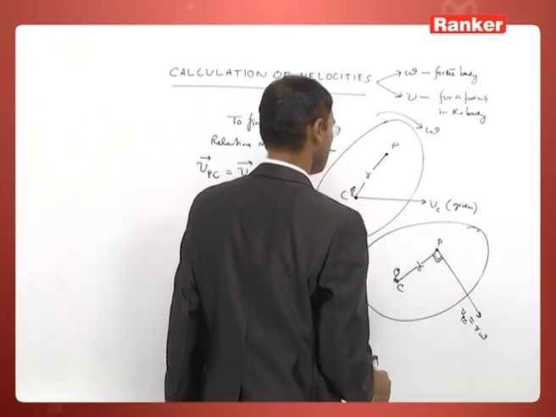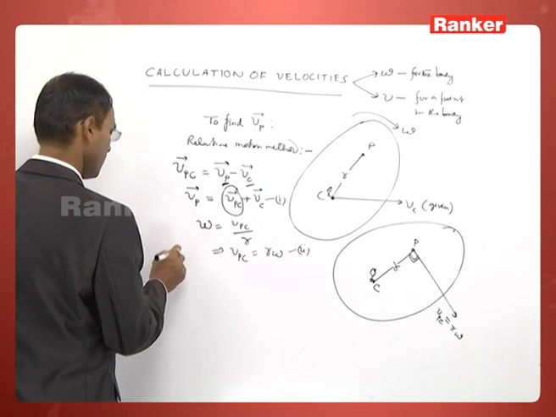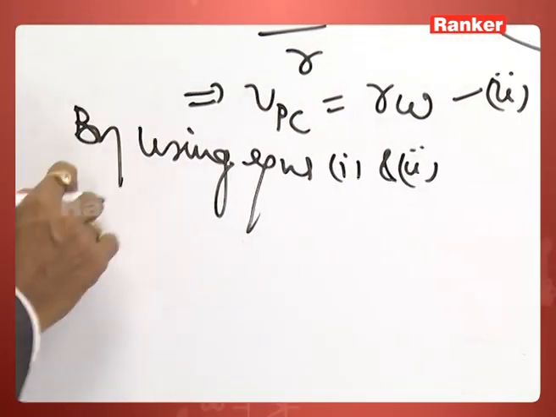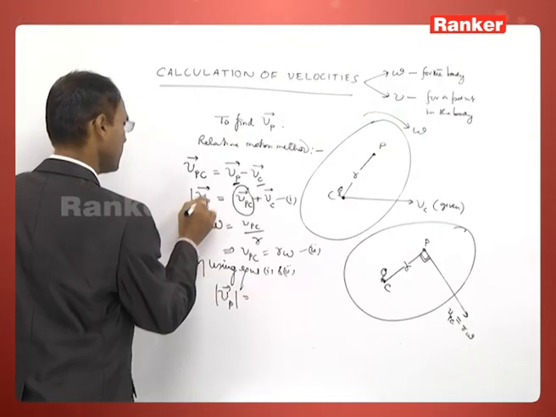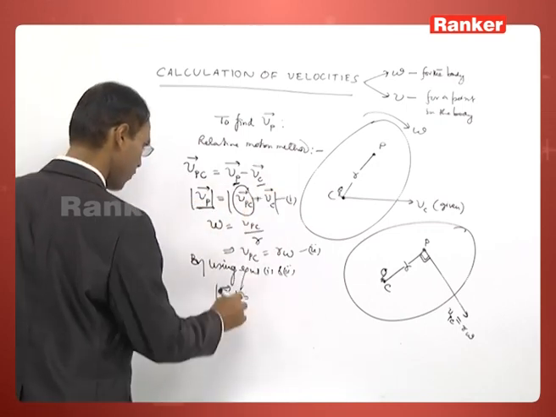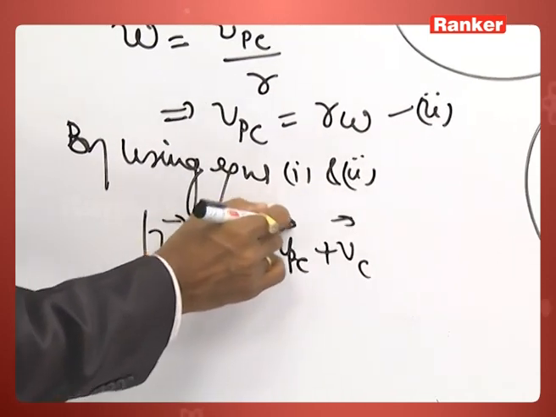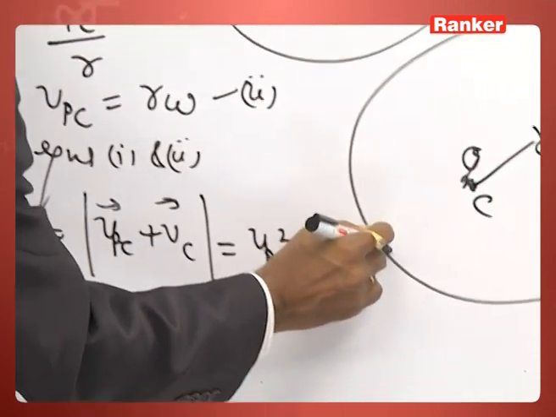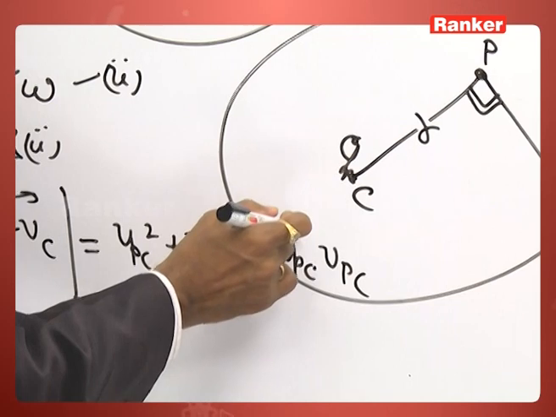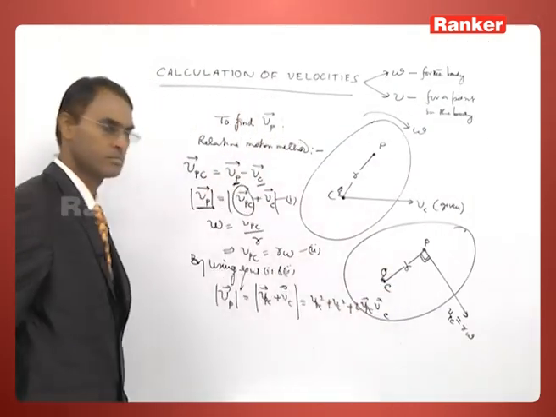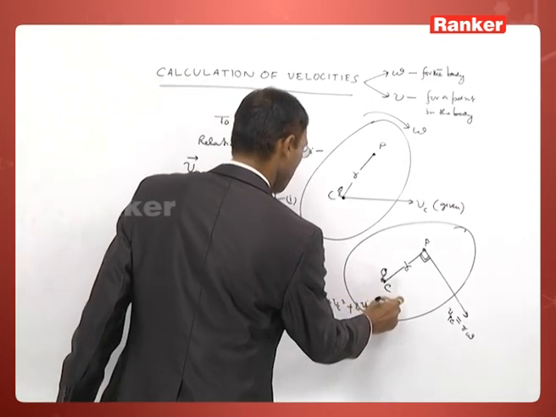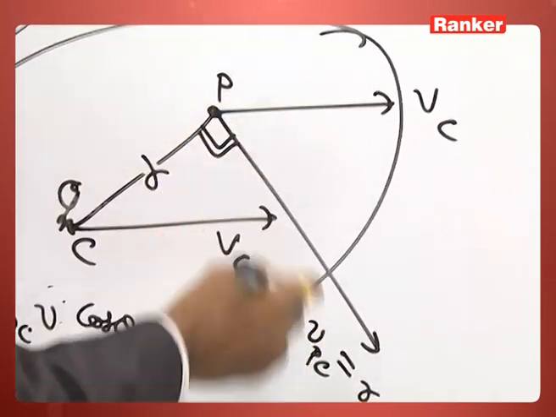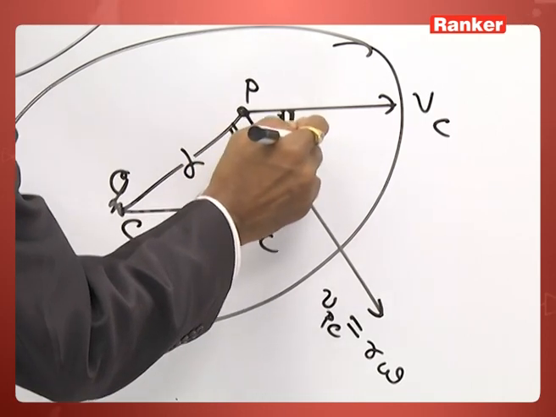So its direction is quite clear. By using equations 1 and 2, we can write the magnitude of velocity of that point is equal to the magnitude of the sum of these two vectors, and that is equal to the square root of Vpc square plus Vc square plus 2 Vpc dot Vc, or 2 into Vpc into Vc into cos of the angle between these two vectors, Vc and Vpc. Let the angle be theta.